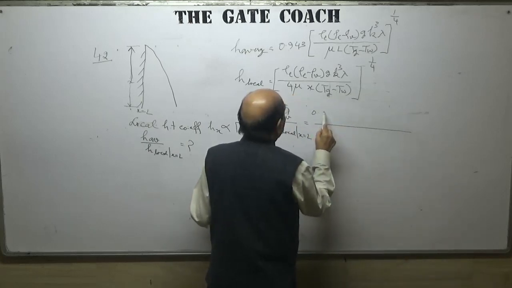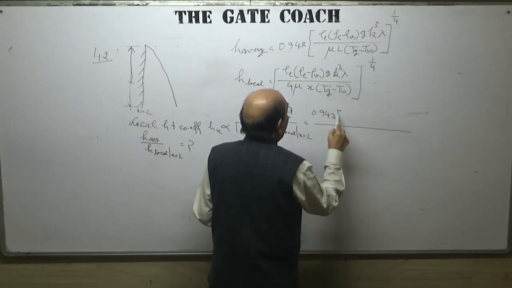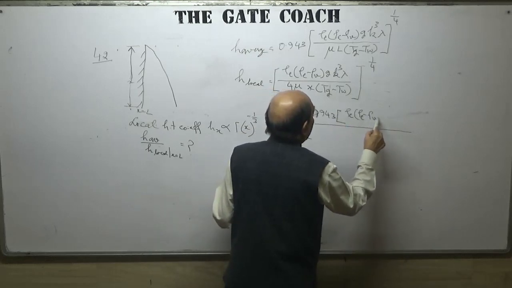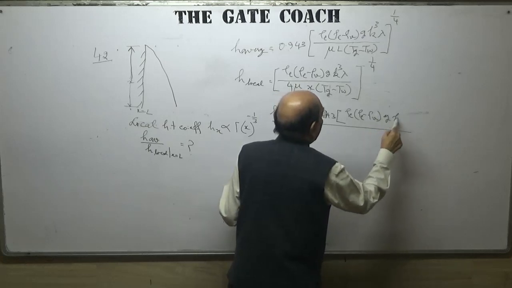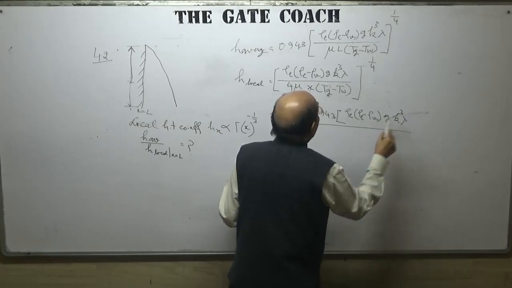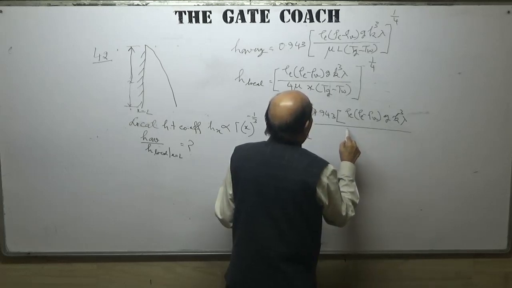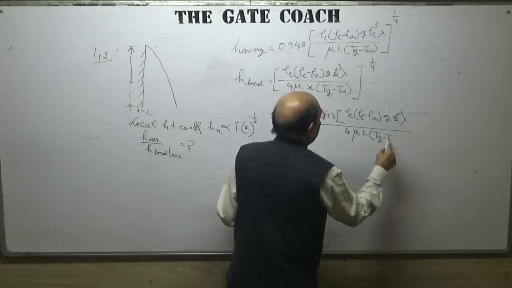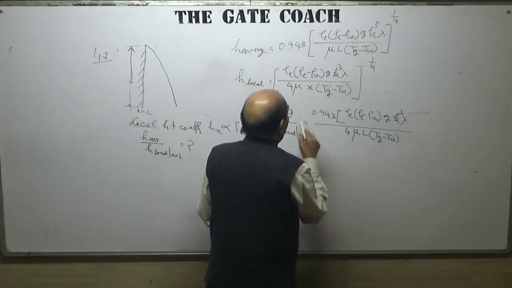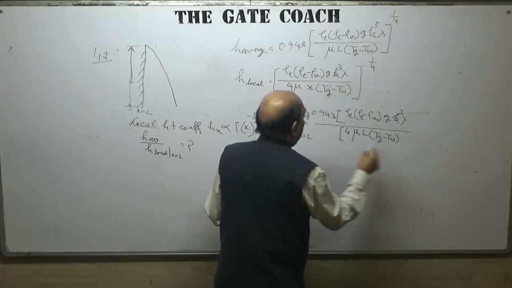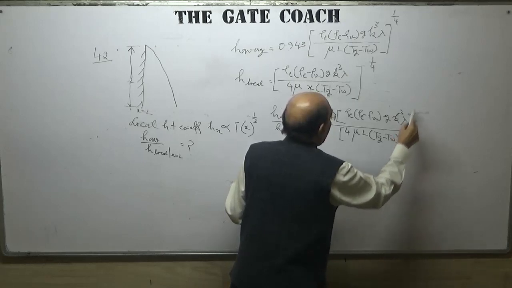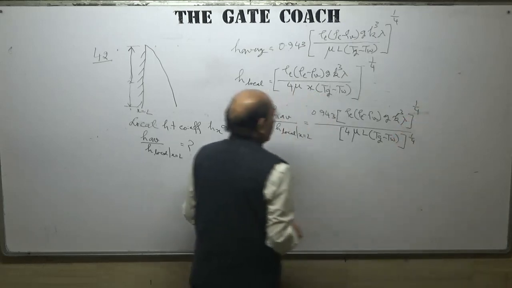And this becomes 0.943 into rho L into rho L minus rho V into g into k cube lambda upon 4 mu L Tg minus Tw raised to the power 1 by 4.